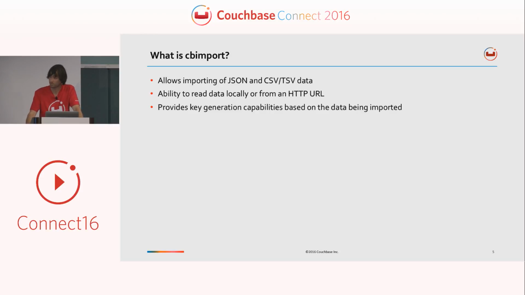So cbimport currently supports JSON, TSV, and CSV, and we allow users to load data from local or remote locations. Users who already have their own data set can just load it locally. The data set just sits on their local machine. But we also allow users to specify HTTP URLs in case they're loading data that they find off of the internet.